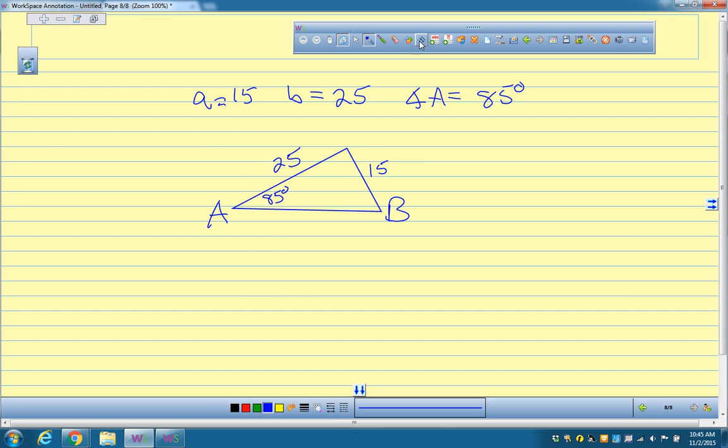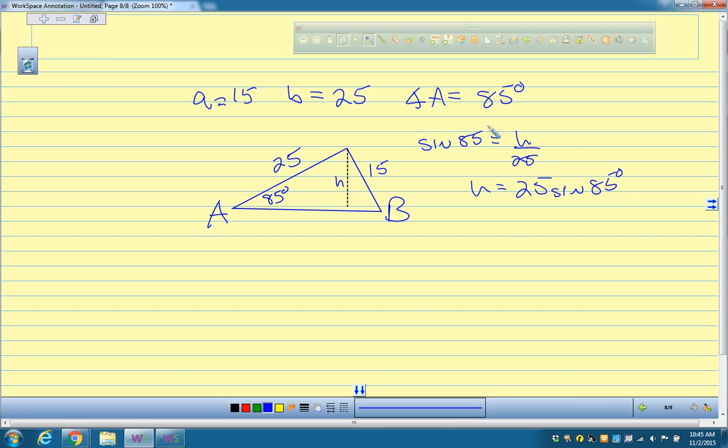Well, I'm going to draw the height in over here, okay? And I'm going to find H, okay? And if I do that, I get that sine of 85 is equal to H over 25. So H equals 25 sine 85 degrees.